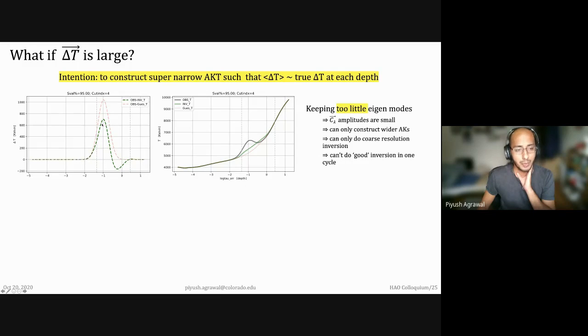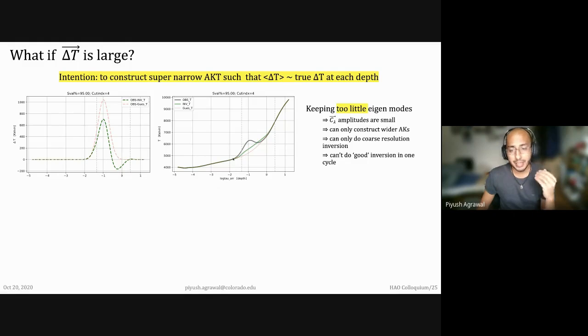The green corresponds to the inversion after one cycle. On the right side are the plots in actual temperature. The red one is your starting guess model, the black one is the real atmosphere, which is what you're trying to invert for, and the green corresponds to the inverted delta t.